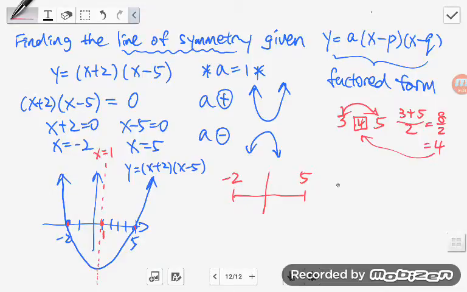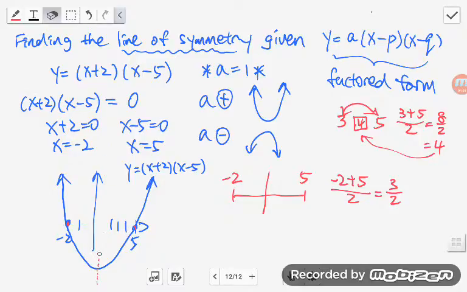So same thing here. If I want to find the value that's right in the middle of negative 2 and 5, I just do the same thing. Negative 2 plus 5 over 2. Then this is equal to 3 over 2, which is 1.5. Or I'm just going to leave it as a fraction. So my sketch is not very accurate. I'm going to delete that.